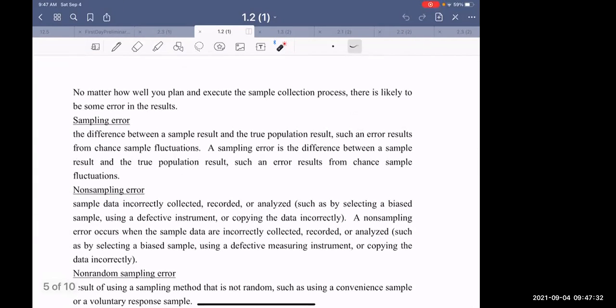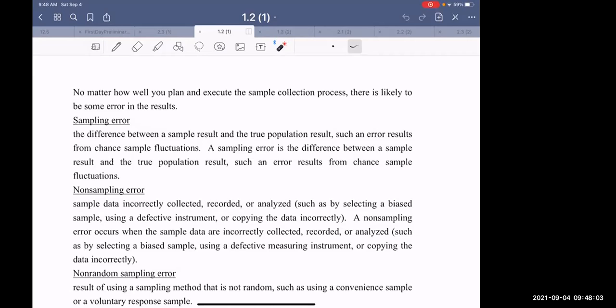So there are different types of errors that can occur. A sampling error. In a sampling error, these result from just chance fluctuations. The fact that you're taking different people, well, not everyone's the same.